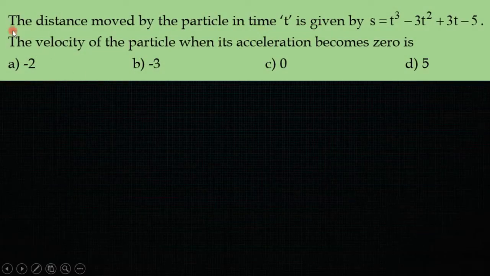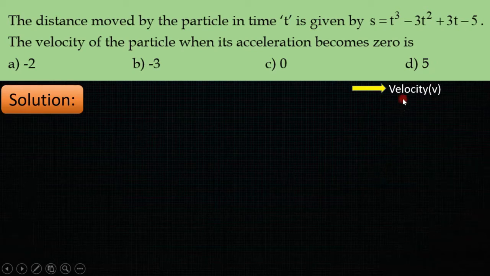The question is, the distance moved by the particle in time t is given by s = t³ − 3t² + 3t − 5. The velocity of the particle when its acceleration becomes 0 is, options are −2, −3, 0, 5.